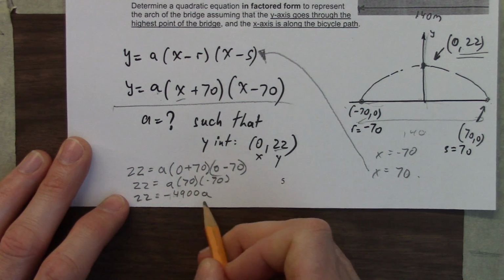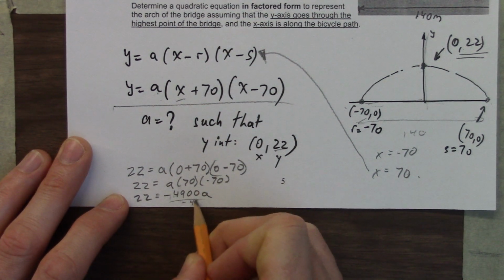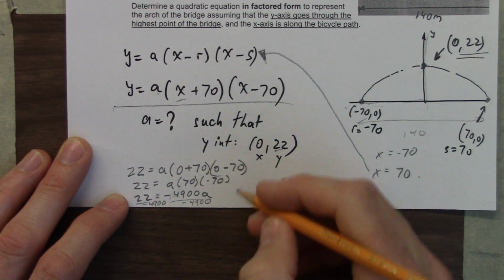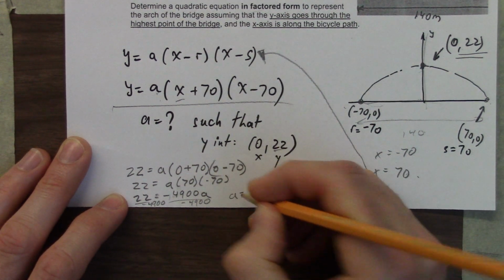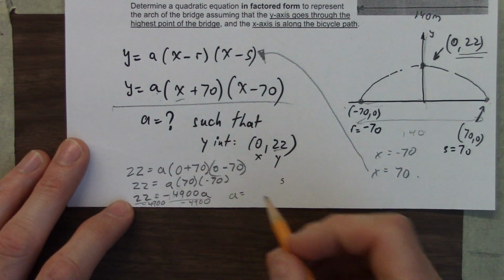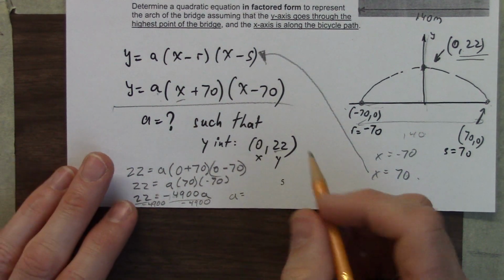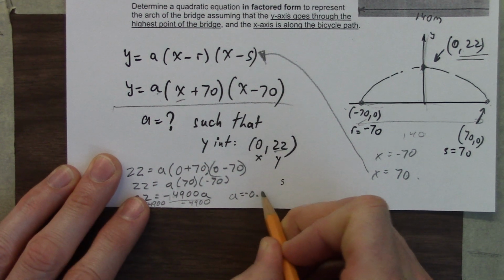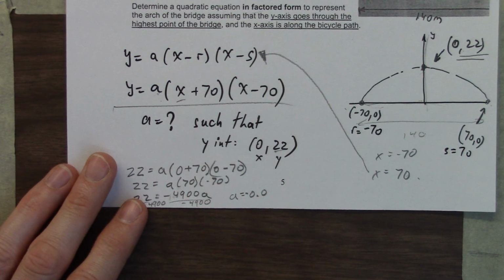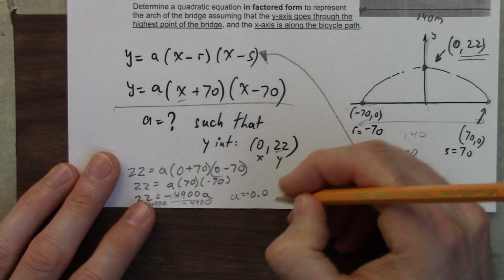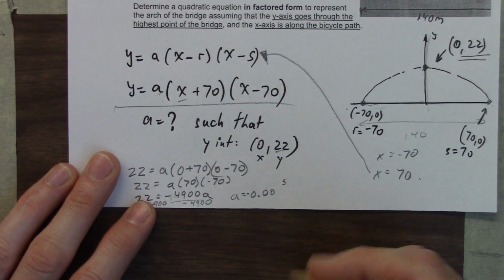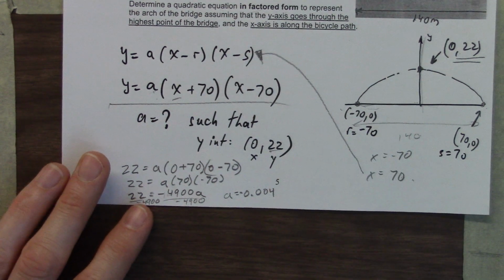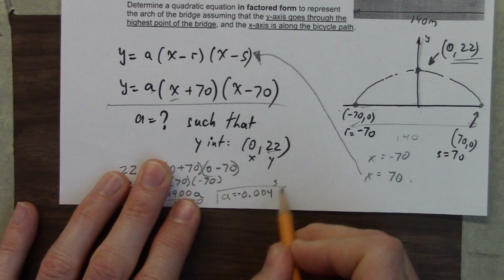Okay, so now I can divide both sides by negative 4900. We're going to get a really small number, but I get A is equal to 22 divided by negative 4900. What's that? Negative 0.004, exactly? Sweet. That's our A value.